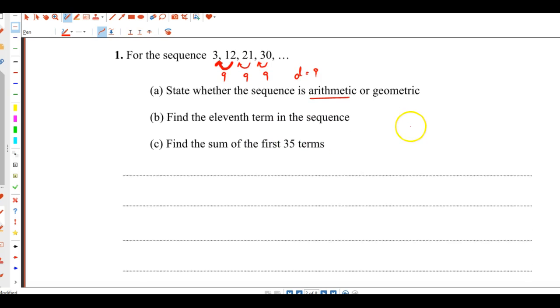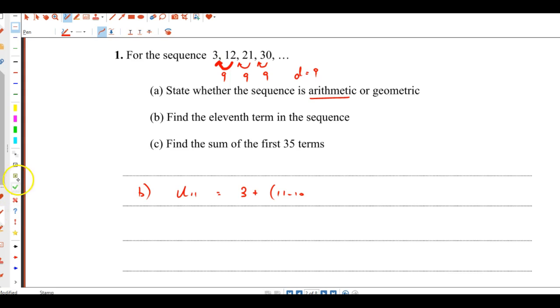So for part B, we would say the 11th term is equal to the first term, which is 3, plus 11 minus 1, n minus 1, not n minus 10, n minus 1. Where's my eraser?